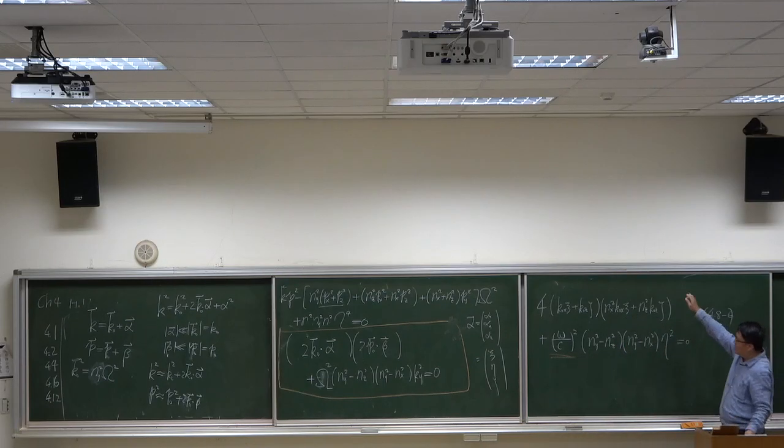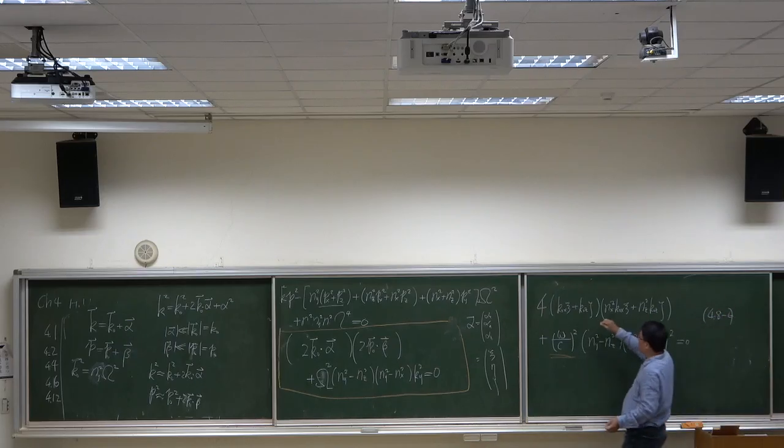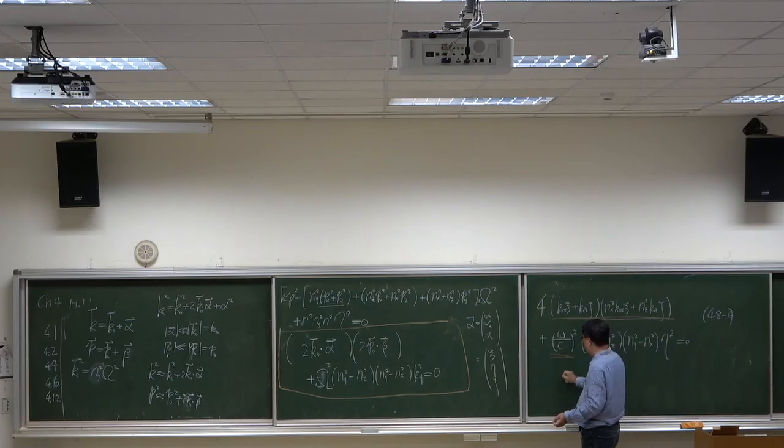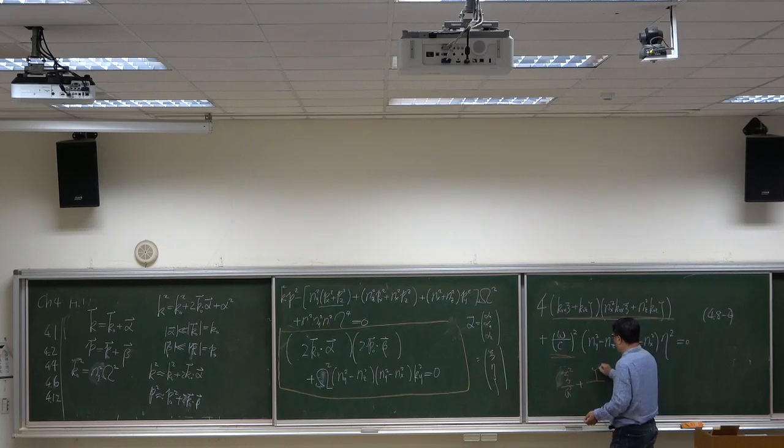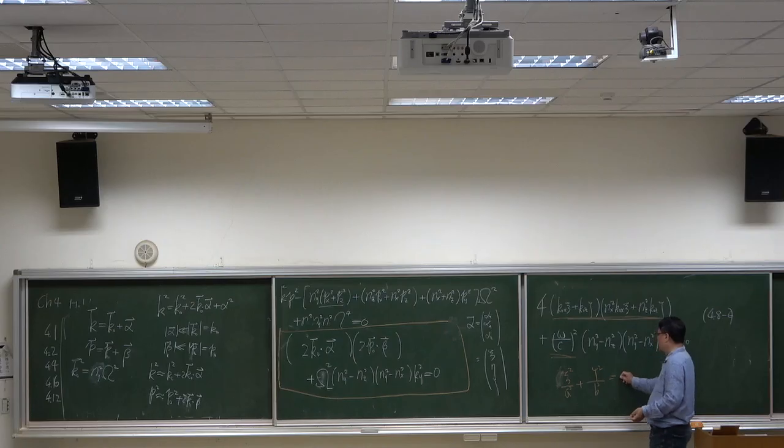And what does this equation mean? You can try to diagonalize this part and get something like this: c squared over a squared plus zeta squared over b squared equal to something like this, eta squared.